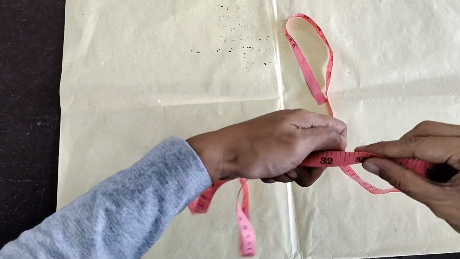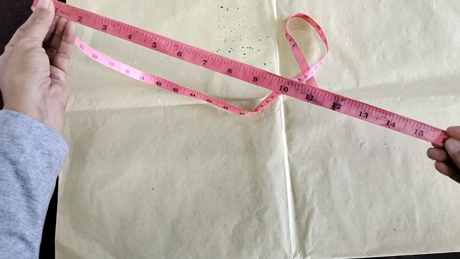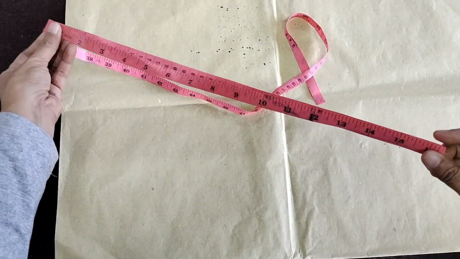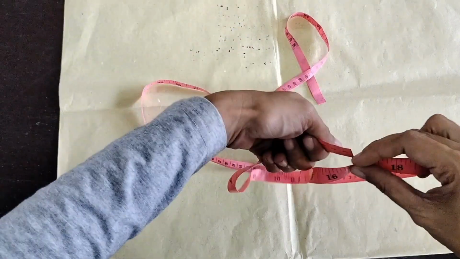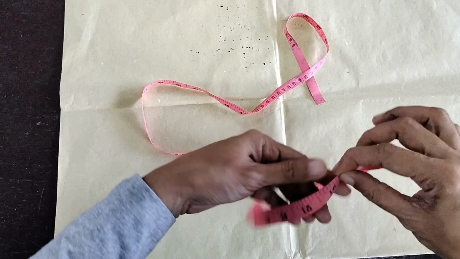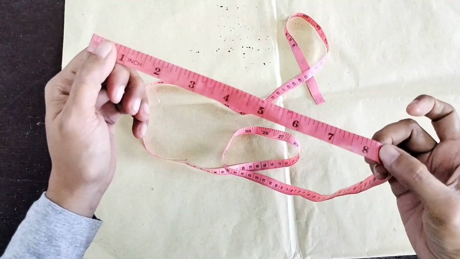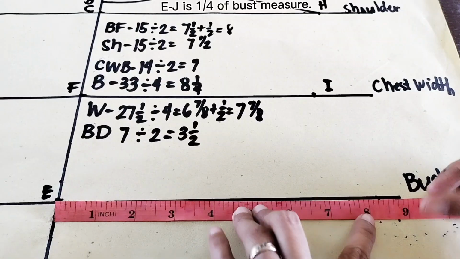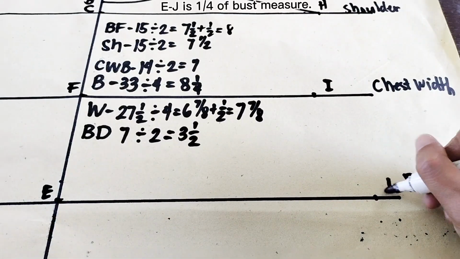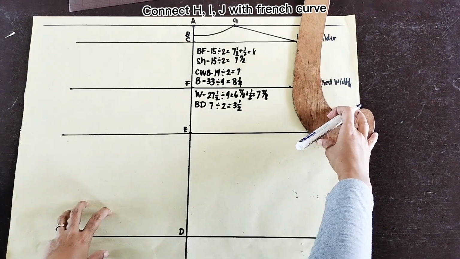So fold your tape measure like this, fold in half, and you get 16.5, and then fold again your tape measure in half to get the 1/4 of 33, and that is 8 1/4. E to J is 8 1/4. Then connect H, I, J with French curve.